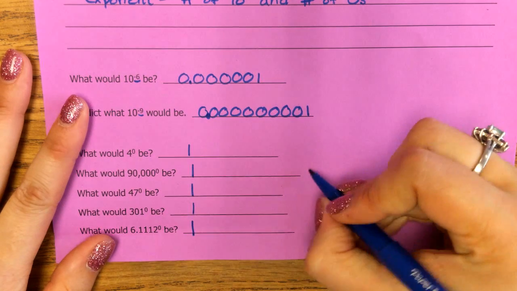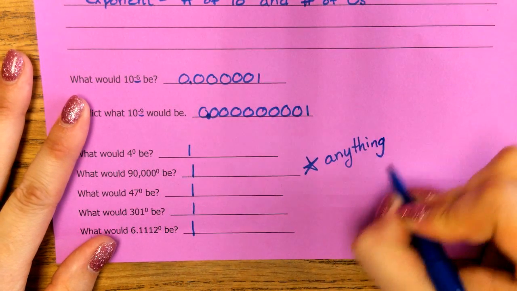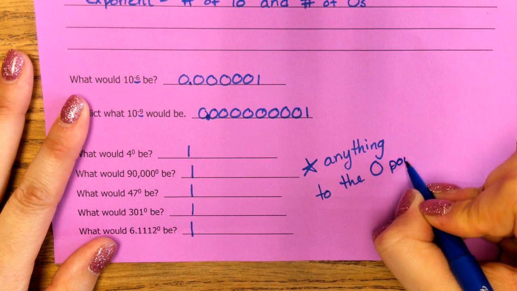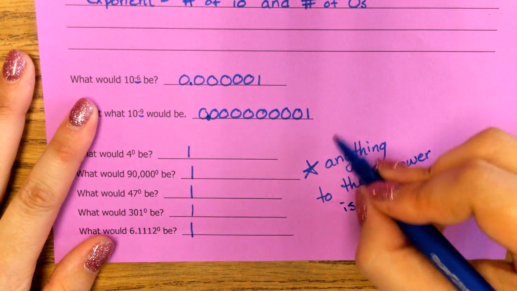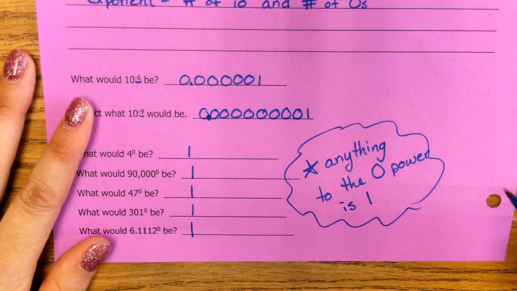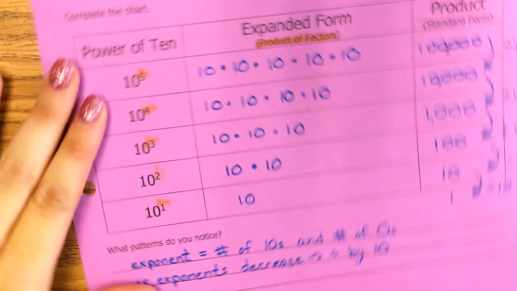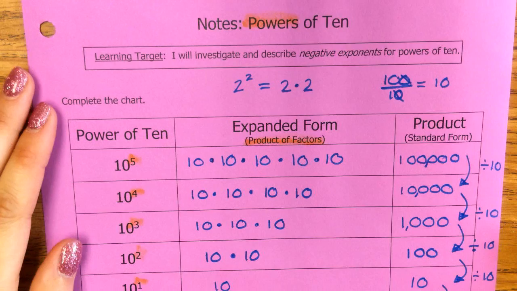So what that really is reminding us is that anything to the 0 power is 1. Any number to the 0 power is 1. So that should be a really easy freebie when you see something like that, because it's always going to be 1. So again, these were the notes on the powers of 10. You're welcome to watch them again and fill in anything you missed.